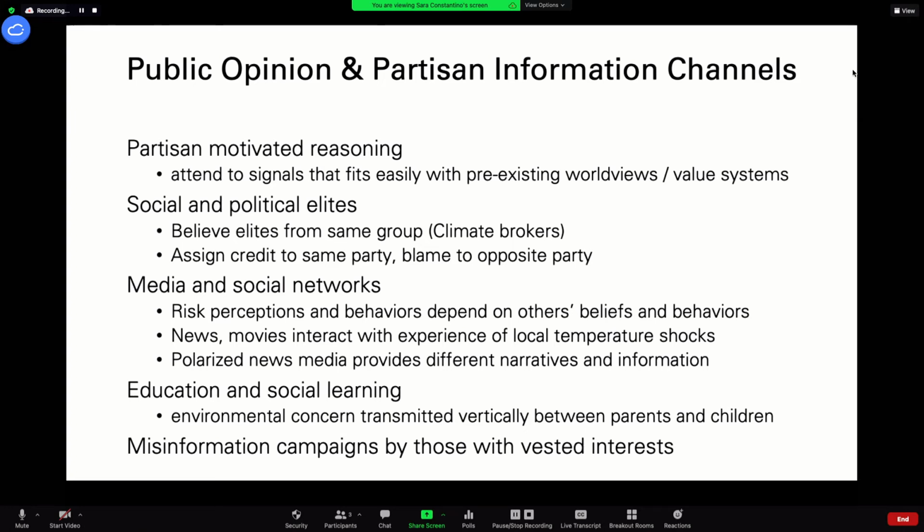And then many of our values are learned or transmitted from generation to generation through social learning and through education from parents, from elders, also from schools. So beliefs are often transmitted in that direction, but you also see big cohort differences. Right now we're seeing millennials and even younger generations are much more concerned about the environment.